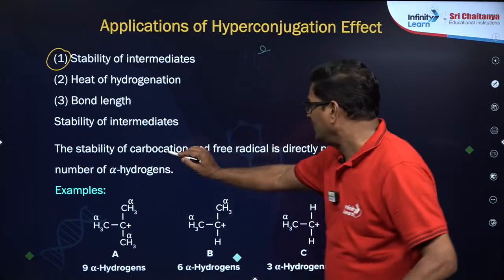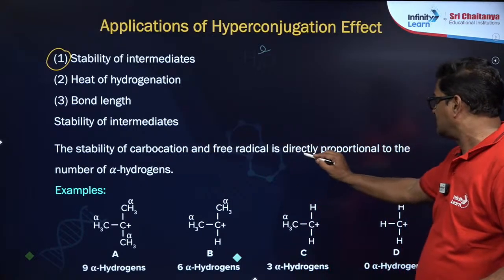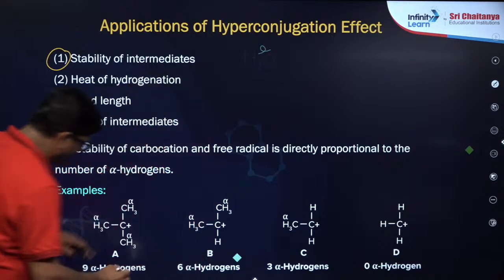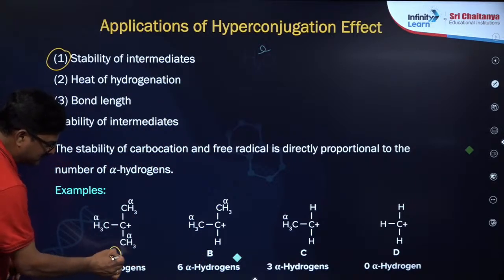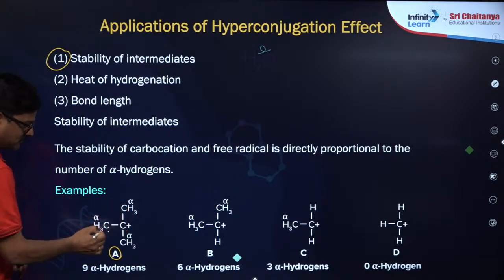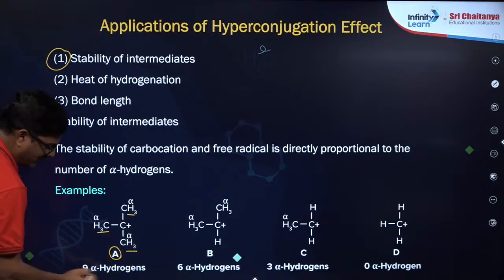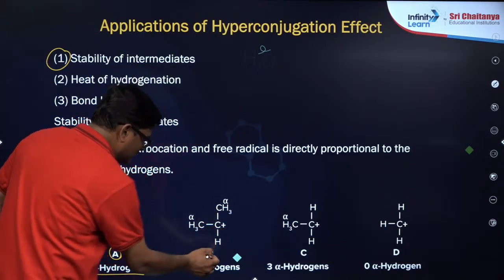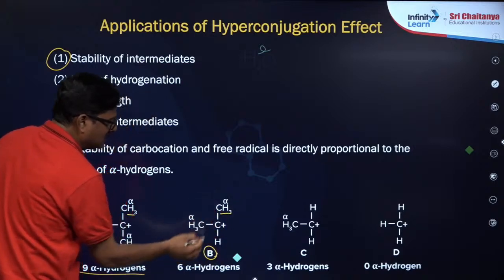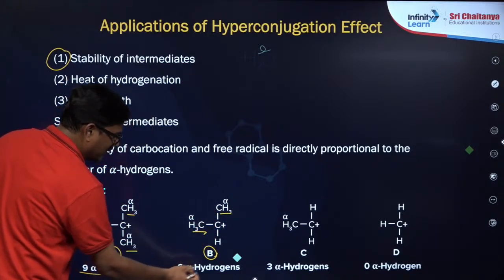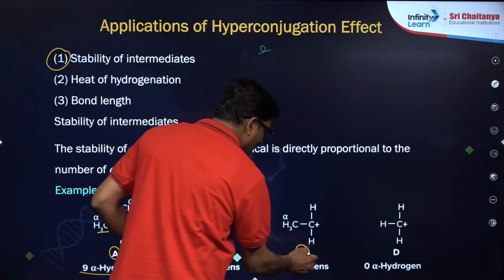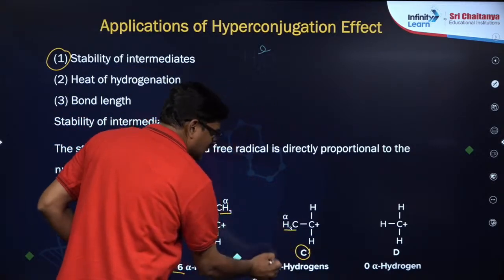Example, the stability of carbocations and free radicals is directly proportional to the number of alpha hydrogens. Look here, structure A has 9 alpha hydrogens, right? And structure B has 3 and 3, 6 alpha hydrogens. And structure C has only 3 alpha hydrogens.